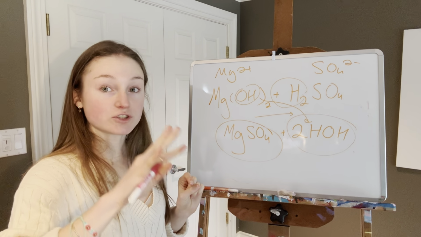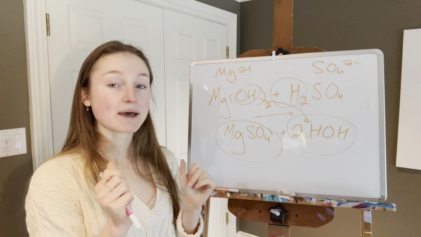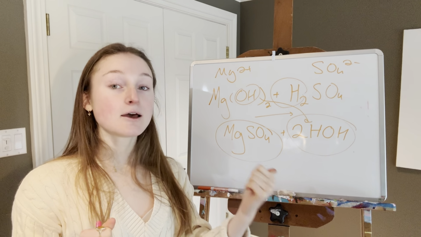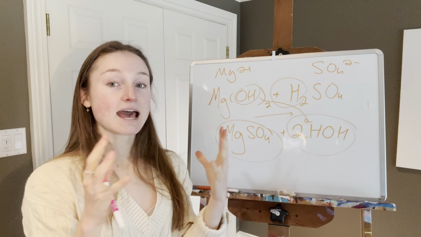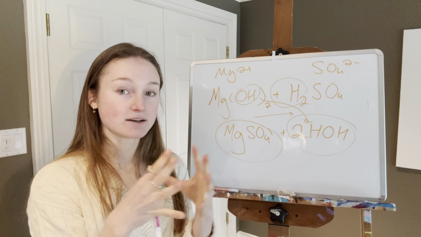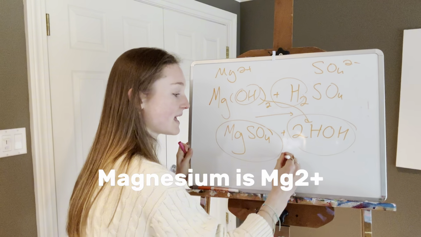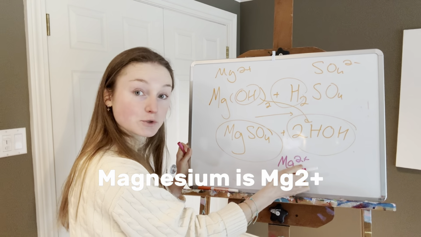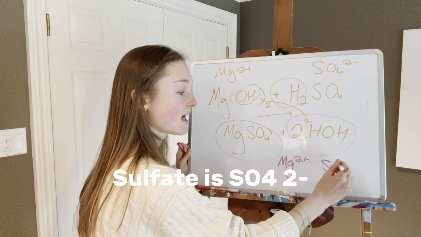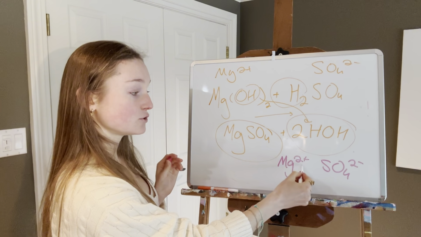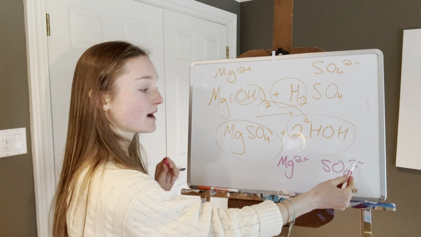Recall that salts are ionic compounds, so they are any compound that is a positive ion plus a negative ion, and salts are ionically bonded together. So MgSO4 is magnesium, Mg2 plus, SO4 2 minus.